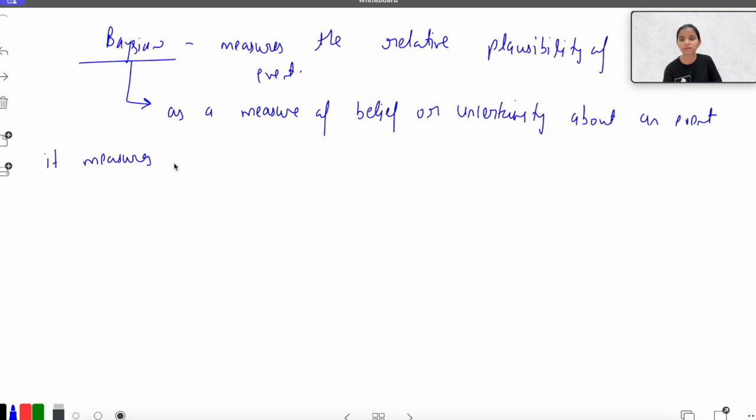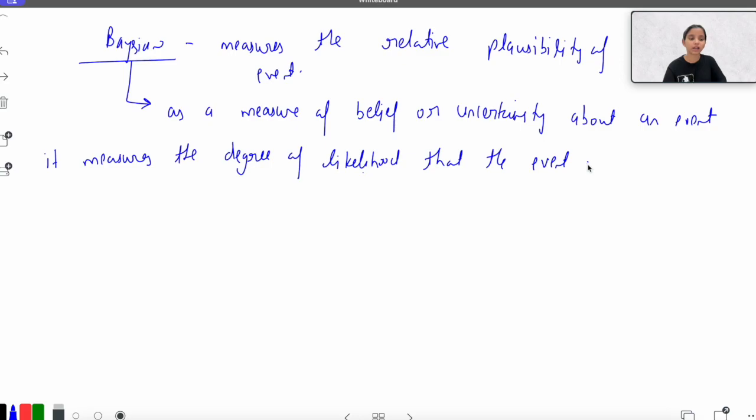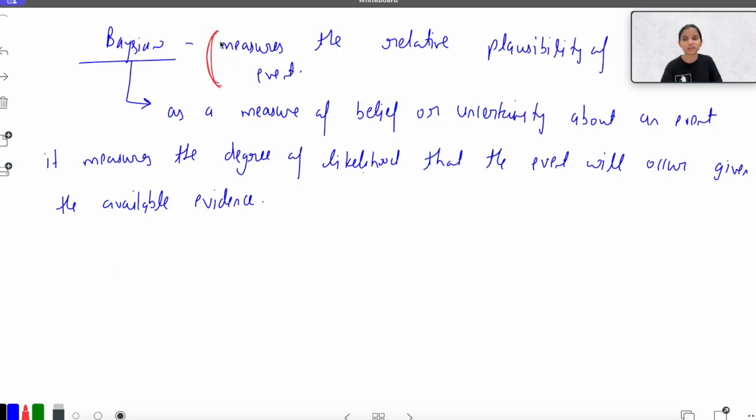It measures the degree of belief or degree of likelihood that the event will occur given the available evidence or given the available information. Okay, so in simple terms, we are just saying that Bayesian measures the relative plausibility of an event.